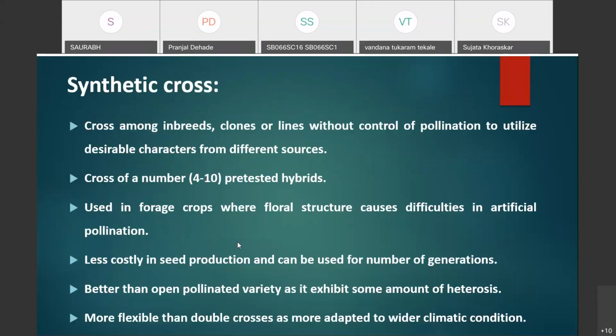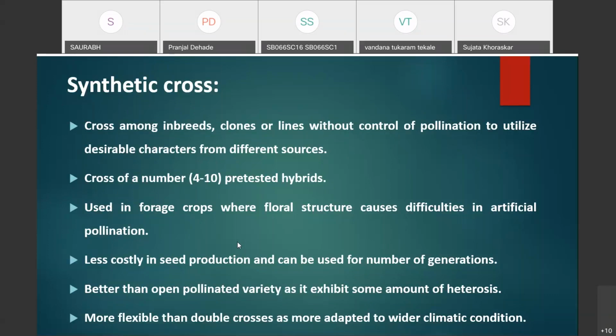Then the last type of hybridization method used in cross pollinated crops is the synthetic cross. Synthetic cross means a cross among inbreds, clones, or lines without control of pollination, to utilize desirable characters from different sources.